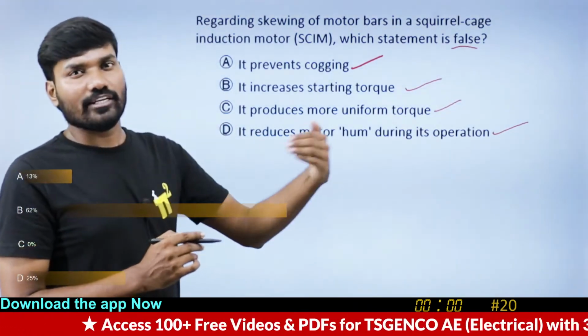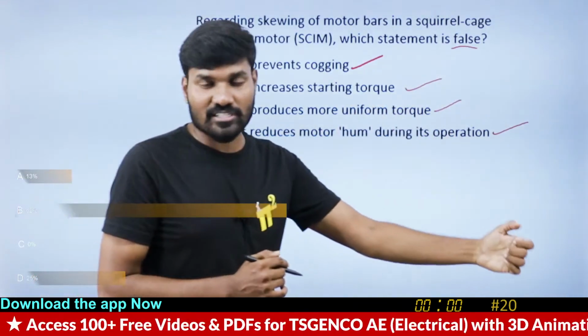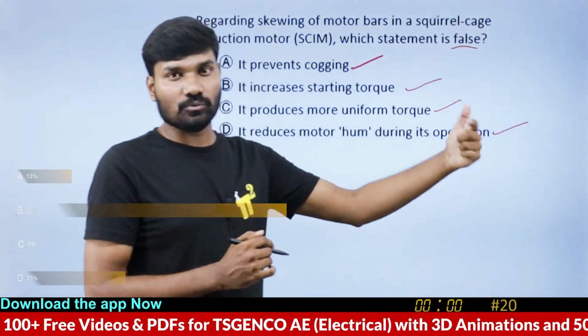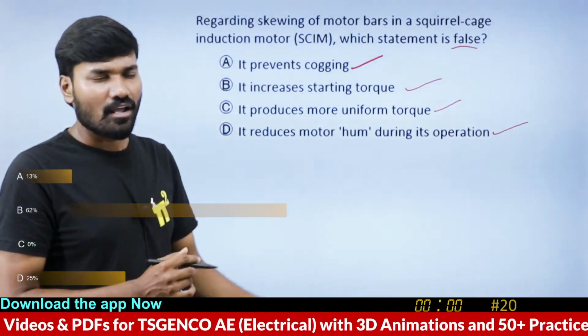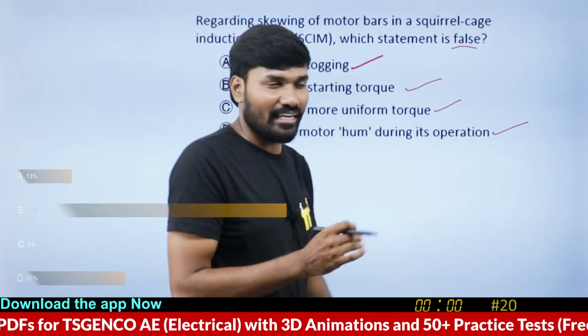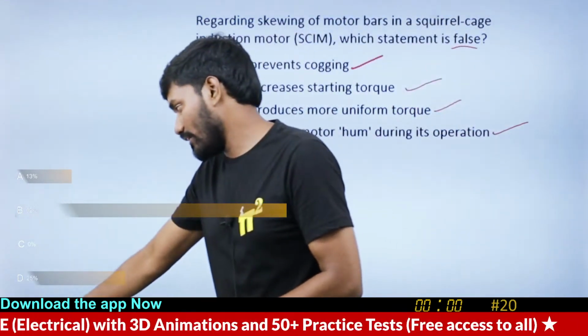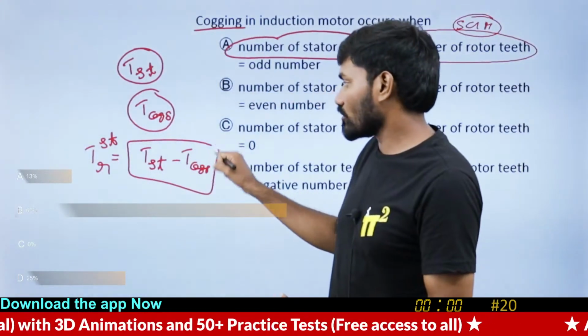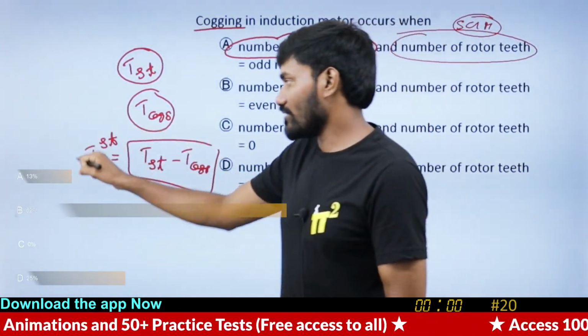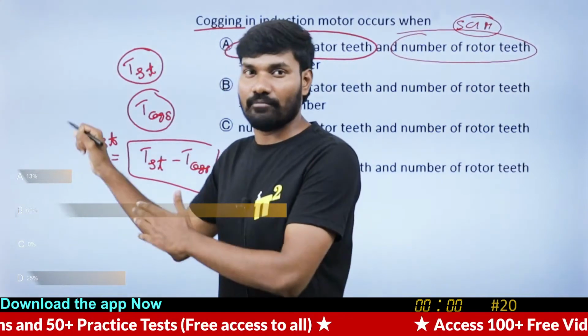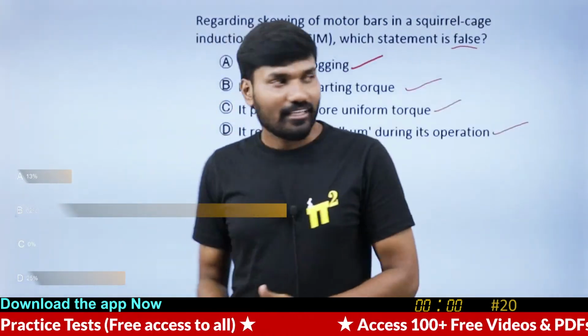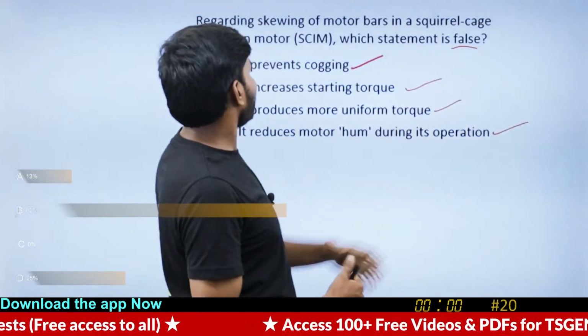That will lead to an increase in the resistance, which will lead to an increase in the starting torque. But people would say that's very minimal. Yes, that's true, I'm not denying that. But the main reason is, as the cogging torque is less, the resultant torque will improve. So this is also a right statement.